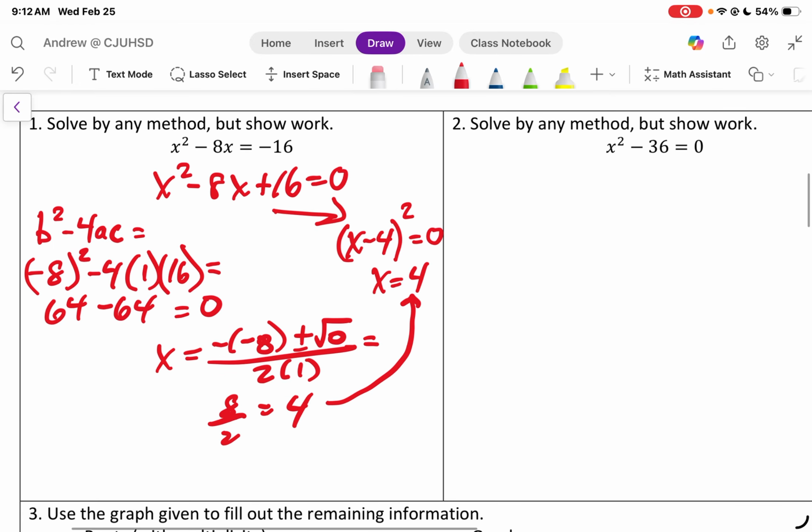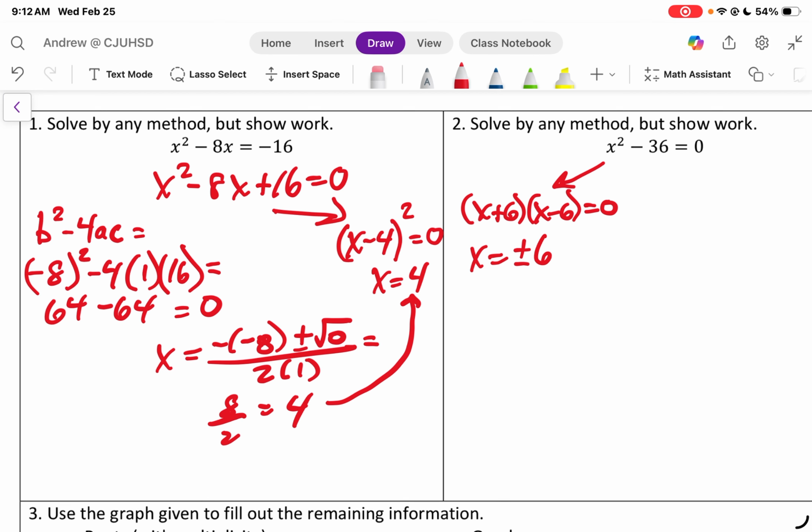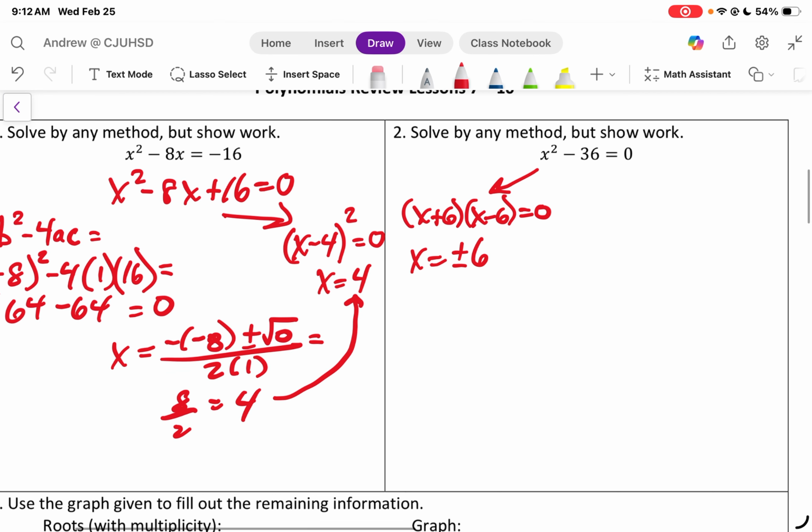Now on number 2, I could also factor that. I could factor that as x plus 6, x minus 6, because I recognize that. It's a difference of squares. So I'm expecting 6 and negative 6 to be my solutions. I could use the quadratic formula, it's true, and the b value will be equal to 0.